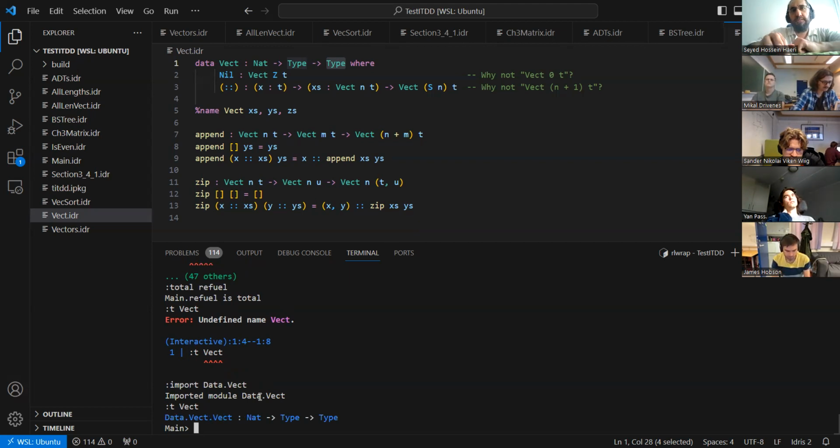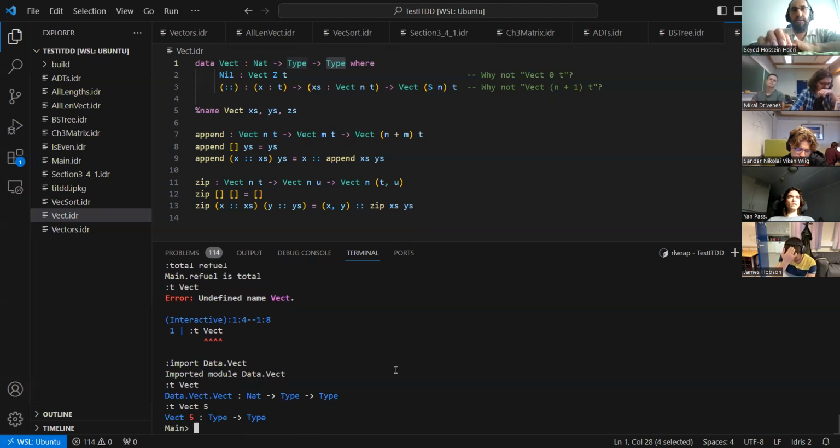You see that it says that it takes a Nat and a Type, and only then it becomes a Type. Now, if I ask what's the type of Vect 5, because this is curried, it says that it still requires a type so that it eventually becomes a type. And that's the reason why you get this.